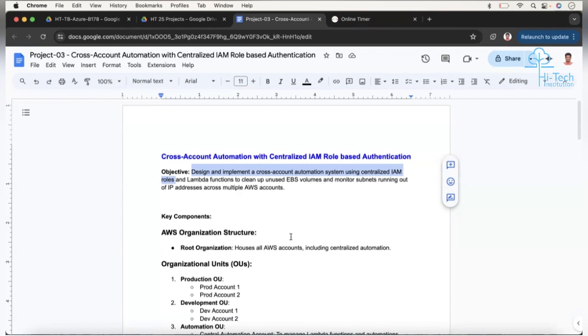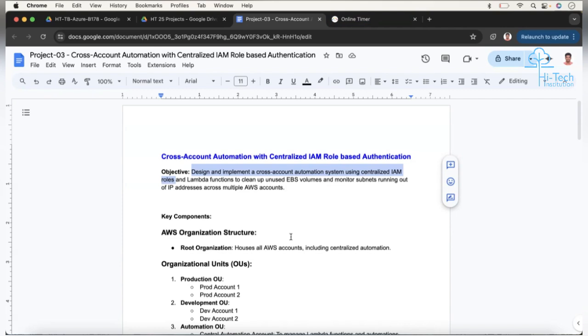But in your environment, if you have multiple AWS accounts, imagine 10, 20, 50, or 100 accounts in your AWS project, it will be really good to have cross-account automation and centralized role-based authentication. Why?